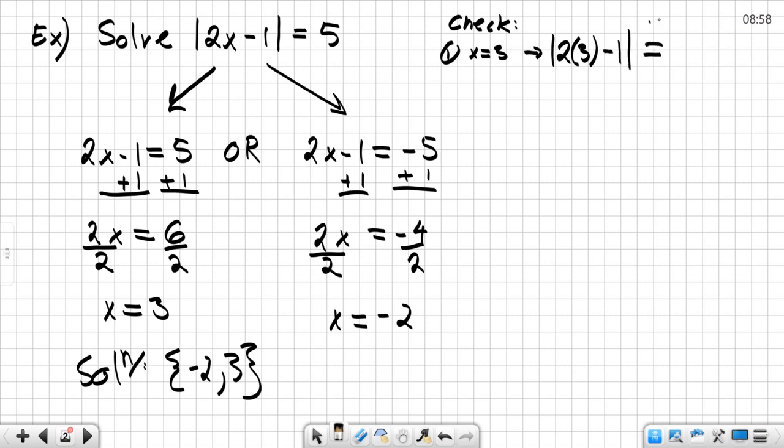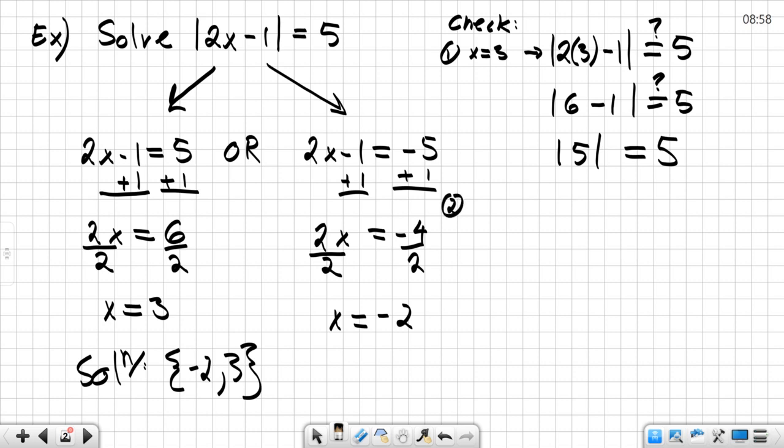I'm trying to find out whether this is really equal to positive 5. On the left side, I work from the inside to the outside. 2 times 3 is 6, minus 1. And you see already, 6 minus 1 is 5. And the absolute value of 5 is indeed 5.